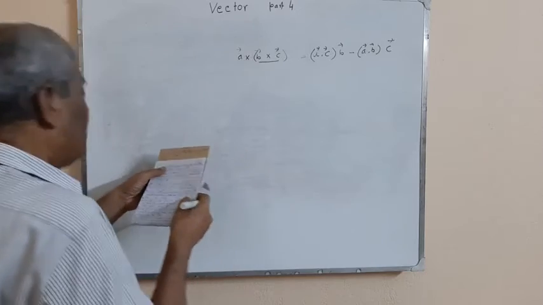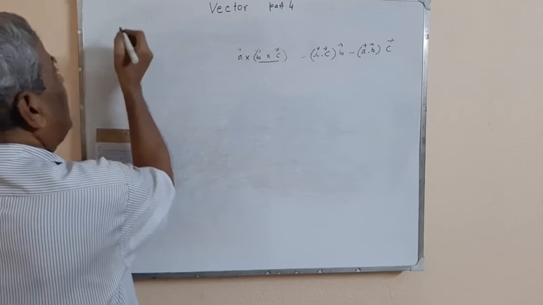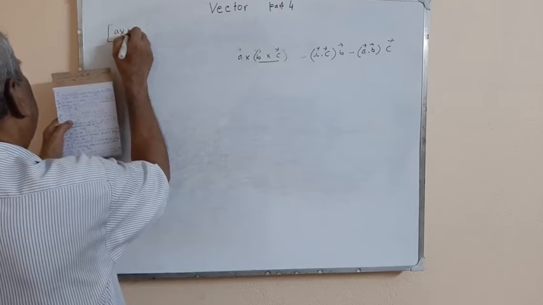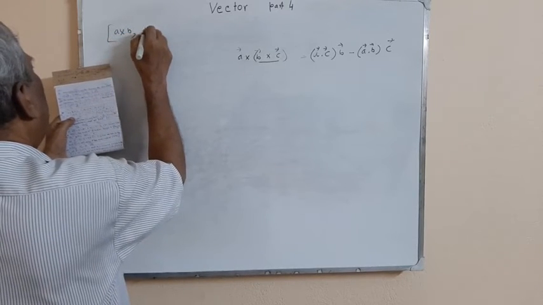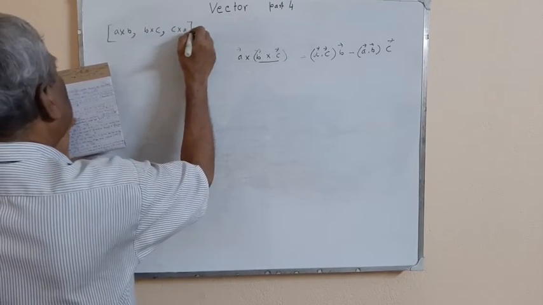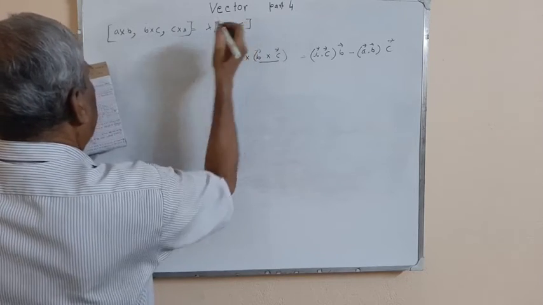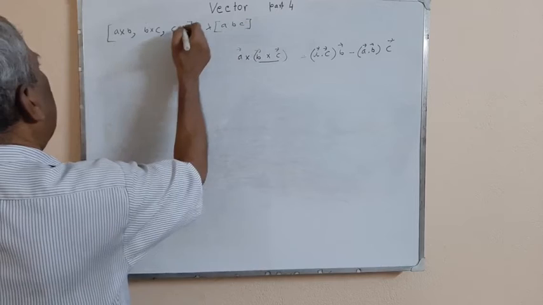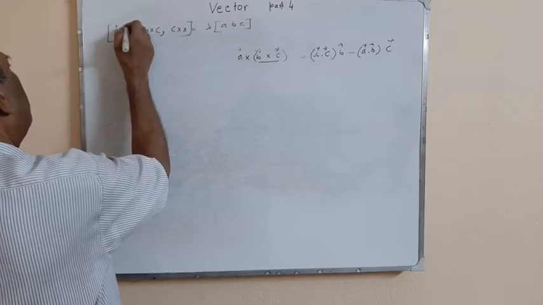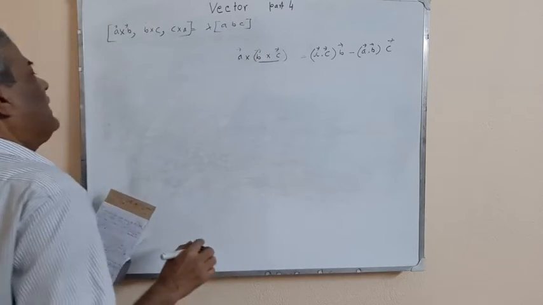Now the next problem is, if the triple product of A cross B, B cross C, C cross A is equal to lambda times the triple product ABC. They are all vectors, and this is a vector triple product of three vectors, equal to lambda times the triple product ABC.